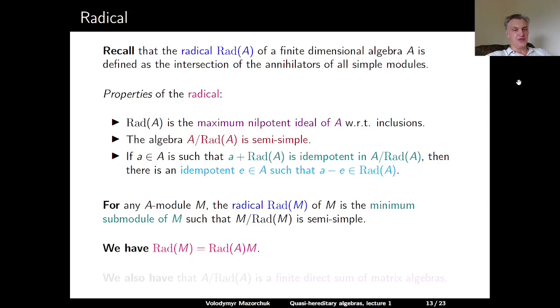And the standard property is that the radical of any finite dimensional module M is equal to the radical of the algebra A times M. In particular, since the quotient of A modulo the radical of A is a semi-simple algebra, each semi-simple algebra is a direct sum of simple algebras, and simple algebras are exhausted by the matrix algebras, we have that the quotient of A modulo the radical of A is a finite direct sum of matrix algebras.